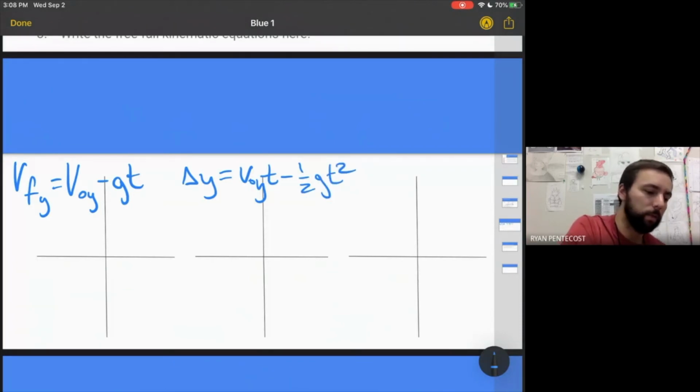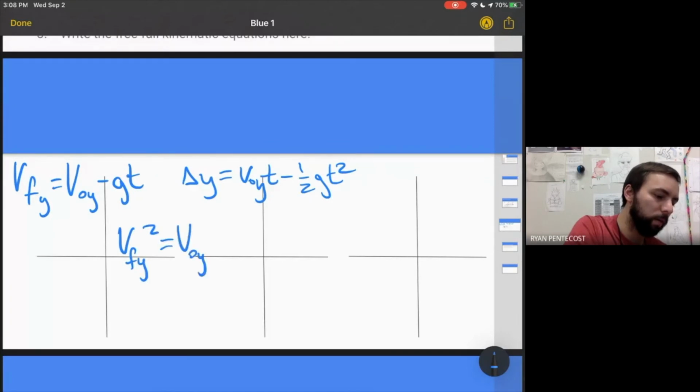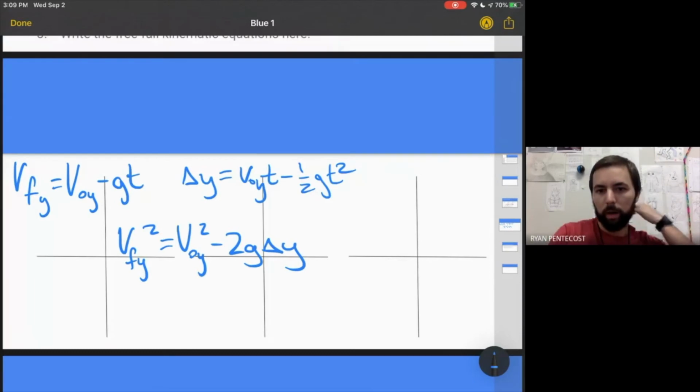And then the last one is V final in the y squared equals V naught in the y squared minus 2g delta y. So those are the free fall kinematic equations.